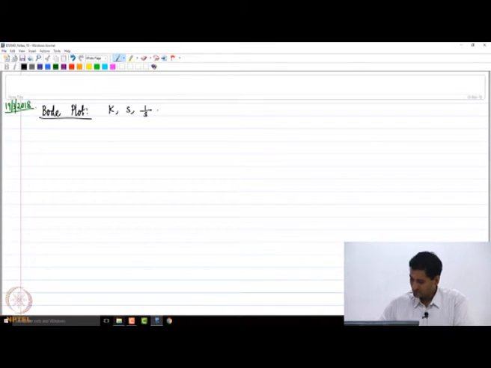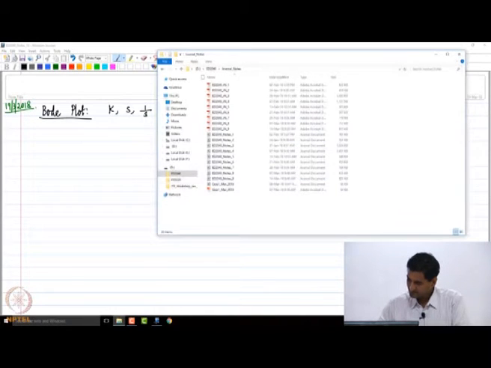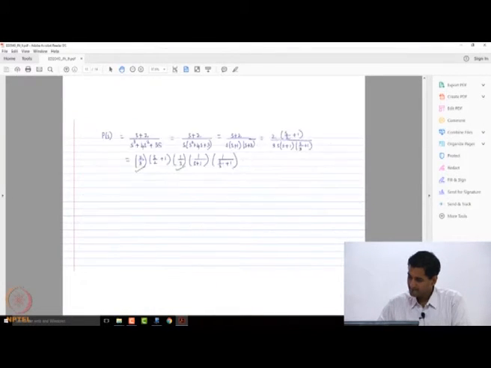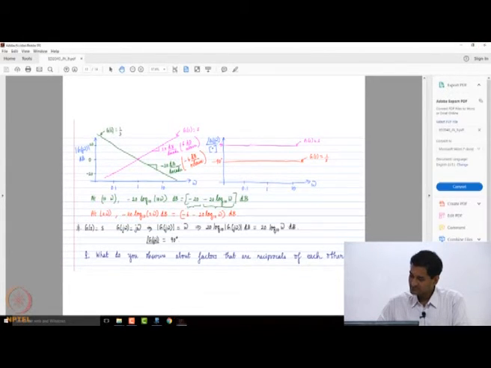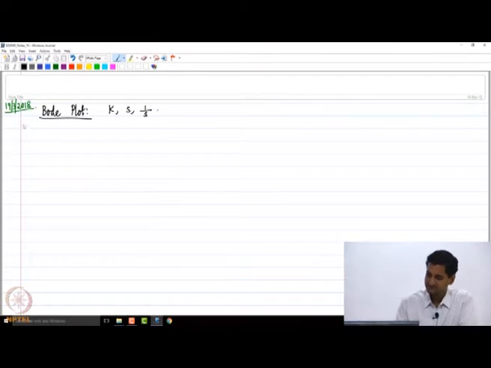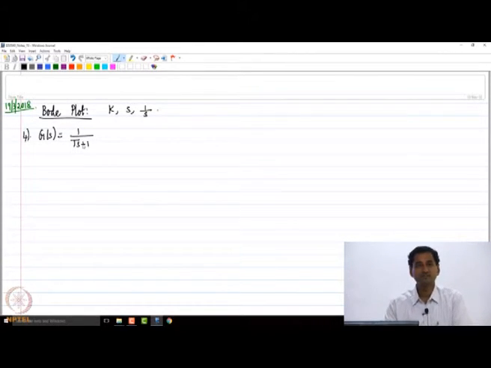Just to ensure that I am consistent with the numbering, I used 3, so let us say as the 4th factor, we choose G of s to be 1 by Ts plus 1, a first order term.